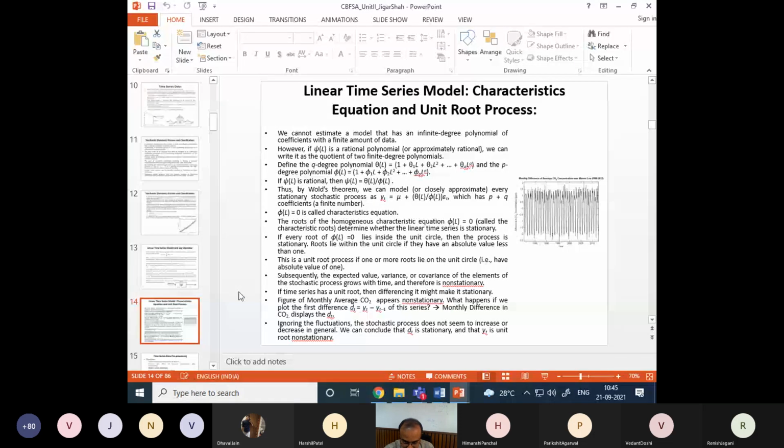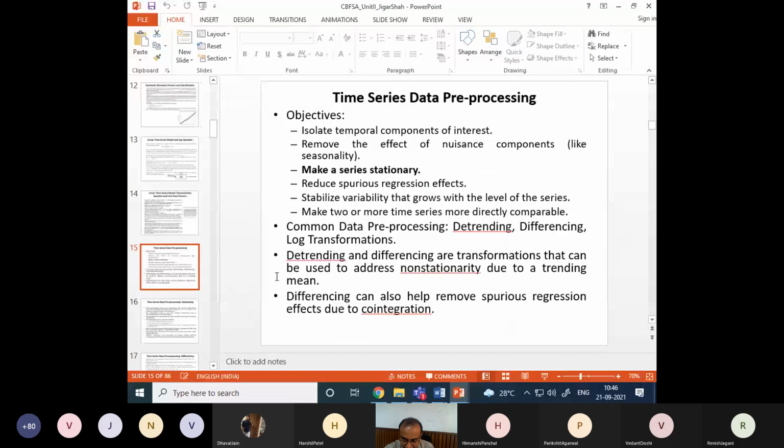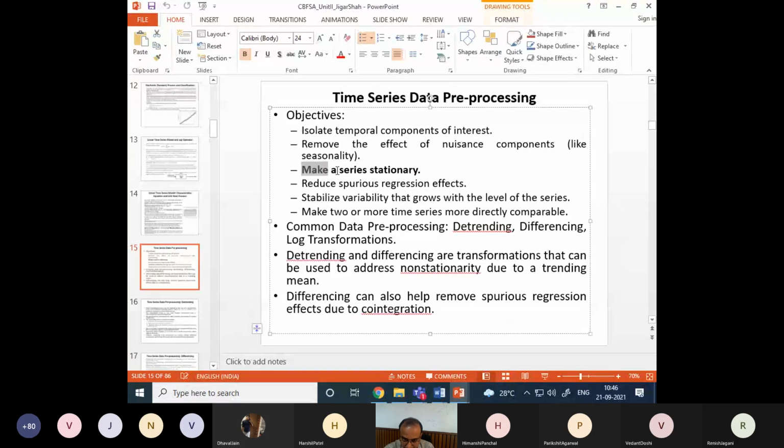If the series is non-stationary, the unit root test says that if there are roots outside the unit circle, the series is non-stationary, meaning the system is unstable, and we can make it stationary by using the difference operation, which we also saw.